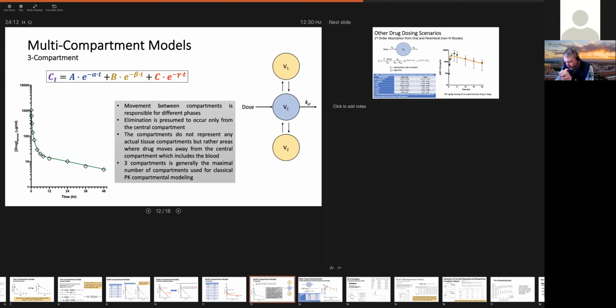Okay. So why do we do it this way? Well, once we start having equations, we can start mucking around with things. If you have an equation where this represents distribution, this equilibration, and this elimination, let's say you ask what would happen if an individual had two drugs on board and you had competition for metabolism?